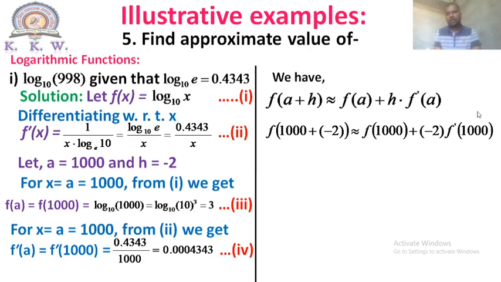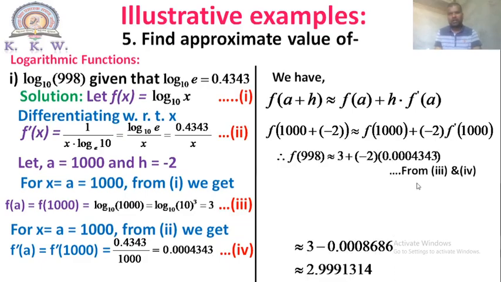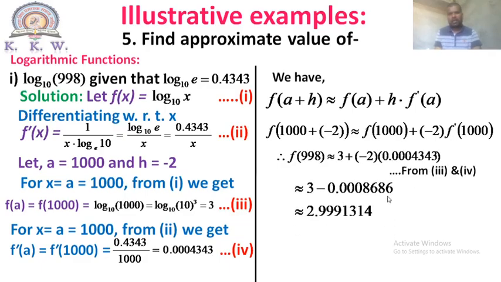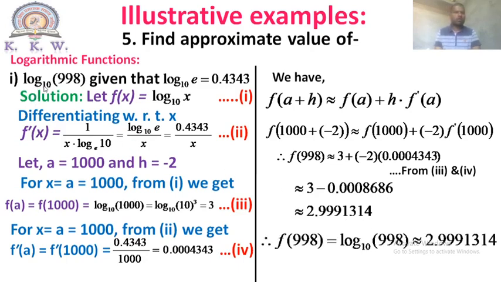By putting these values in the equation and simplifying, you will get f of 998 approximately equal to 2.9991314. Therefore, the approximate value of log of 998 to the base 10 is 2.99991314.